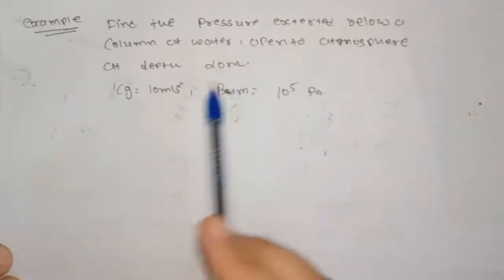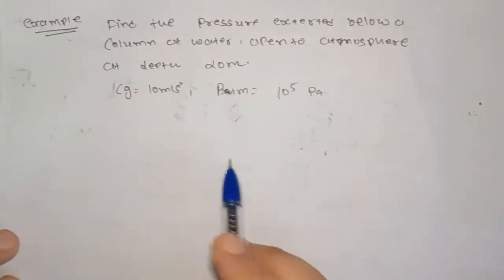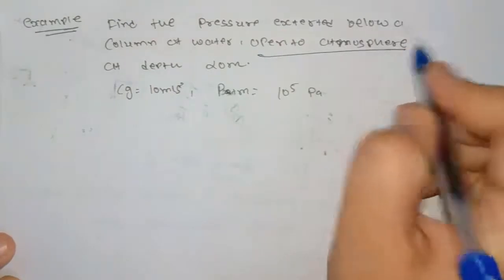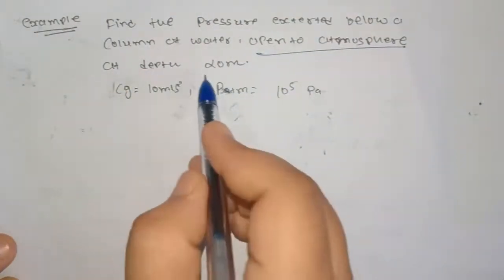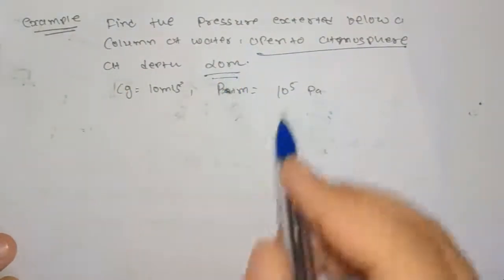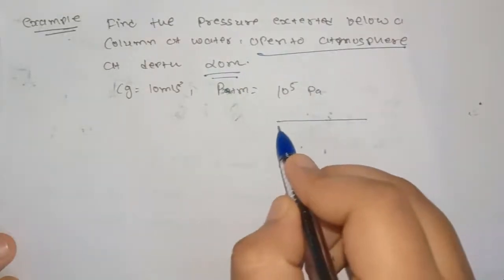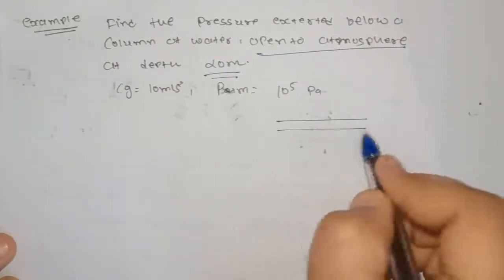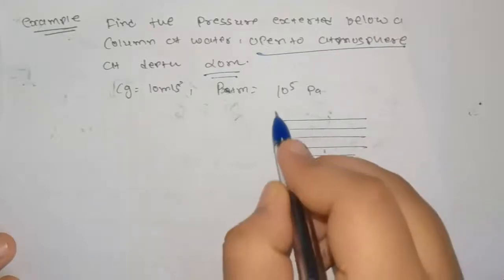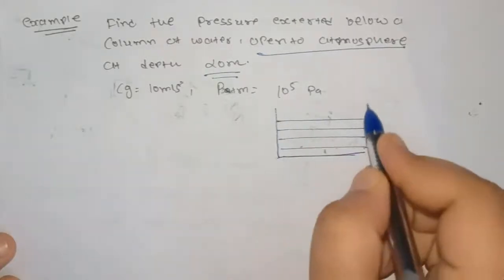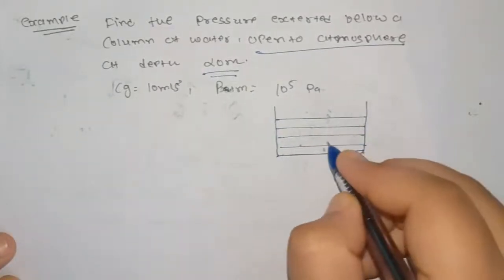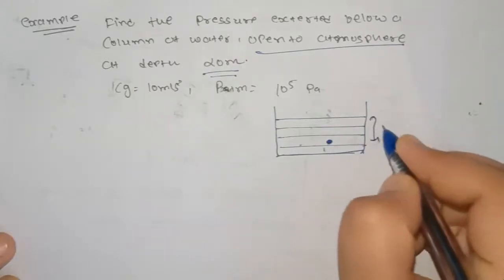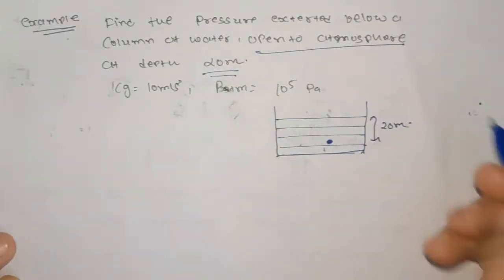Find the pressure exerted below a column of water open to atmosphere at a depth of 20 meter. Let's take a container which is open to atmosphere. We want to find the pressure at a depth of 20 meter.